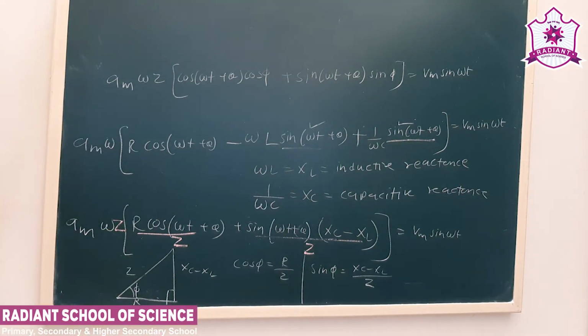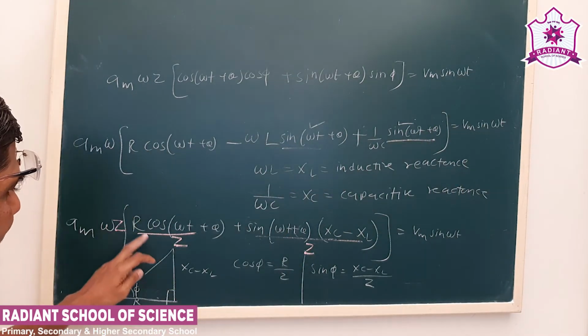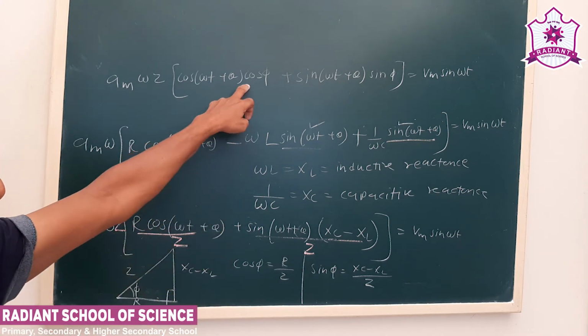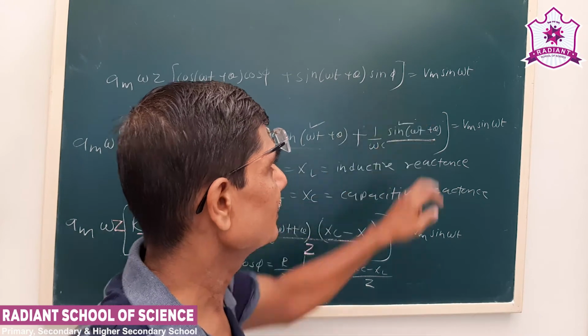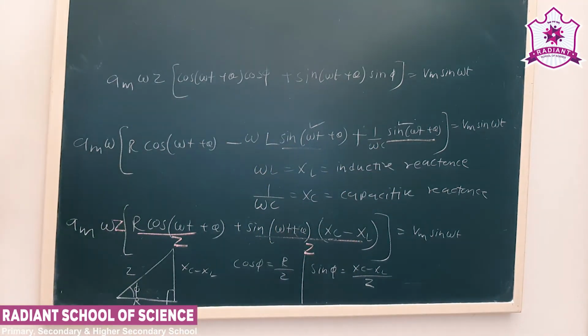This is our equation, where R by Z is cos phi and XC minus XL by Z is sin phi.